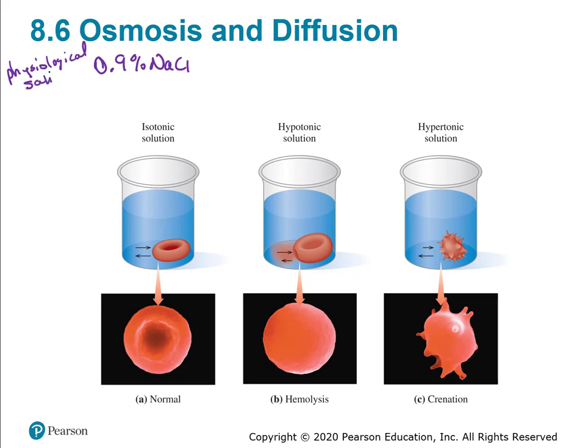So if they're equal inside and outside, then the cell doesn't change shape. Water in and water out would be equal. If they're exactly the same inside of the cell and outside of the cell, that's isotonic.